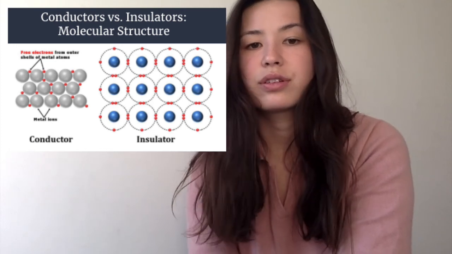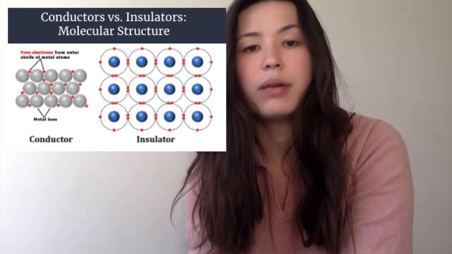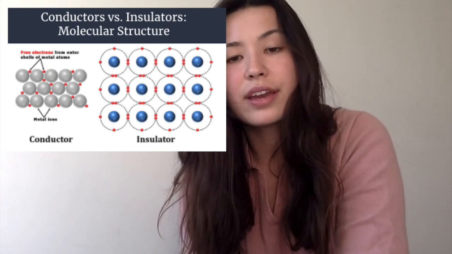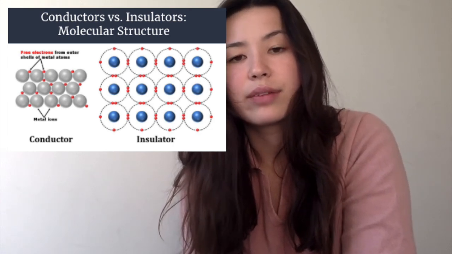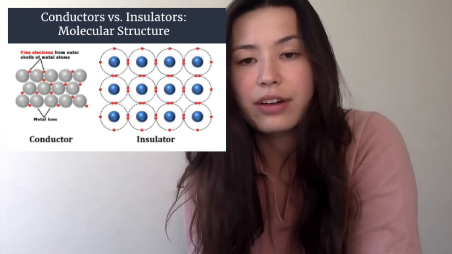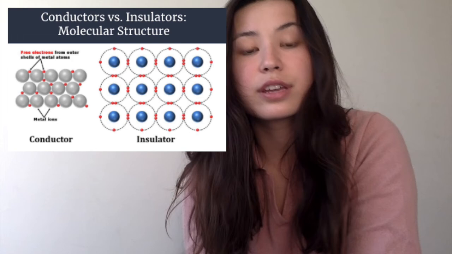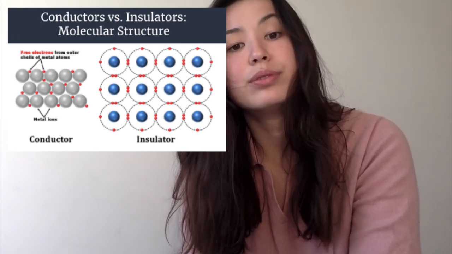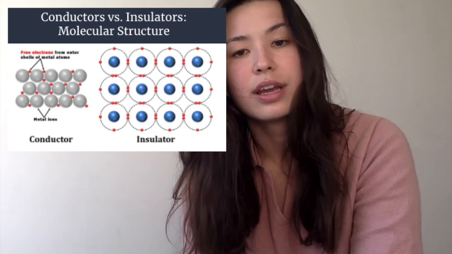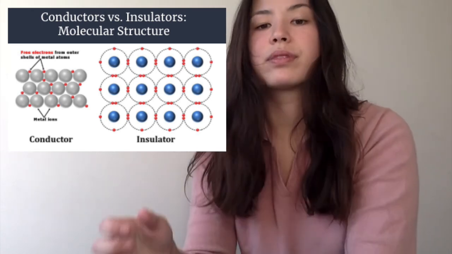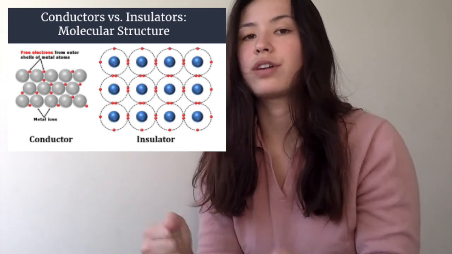So these free electrons are not tightly bound to the outer shells of these atoms. And then if we look at the insulator on the other hand, we can see that these electrons are actually fixed into the outer shells of the atom. So for the conductor, those electrons are going to be able to move freely throughout the material. And the same thing is not true for the insulator because those atoms are holding on to their outer electrons very tightly.